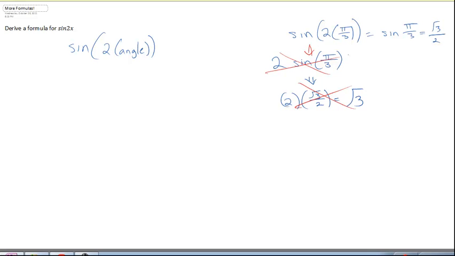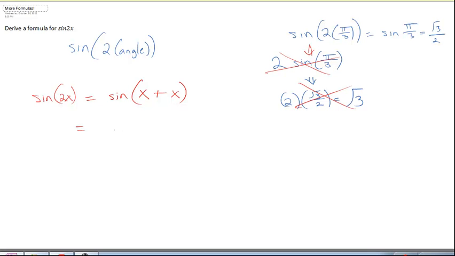So we need a formula. It's actually an easy formula to come up with because of the information we just derived. Simply because sine of 2x can be rewritten as the sine of the angle x plus the angle x.